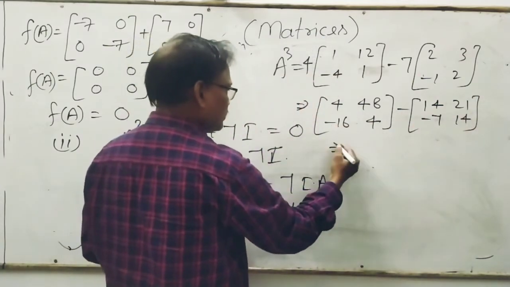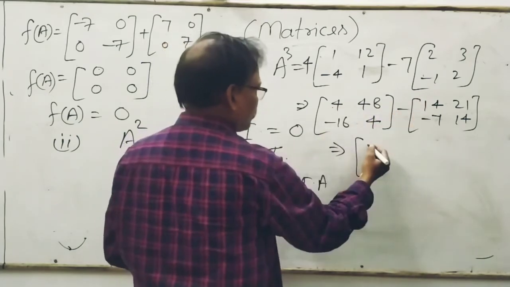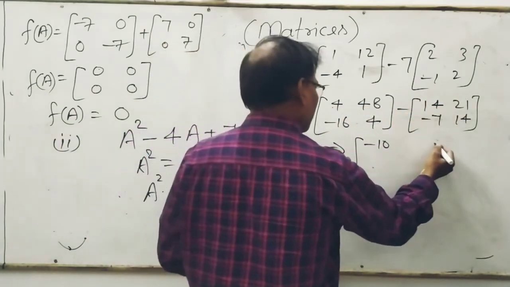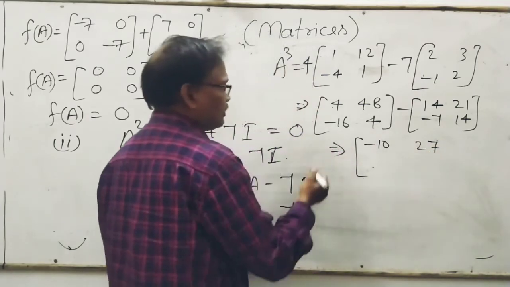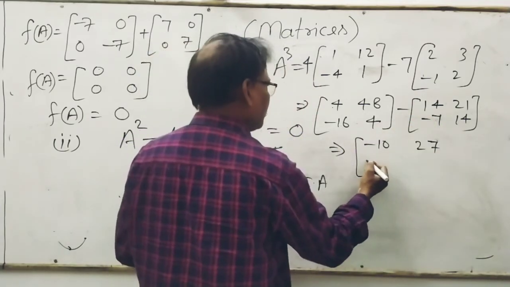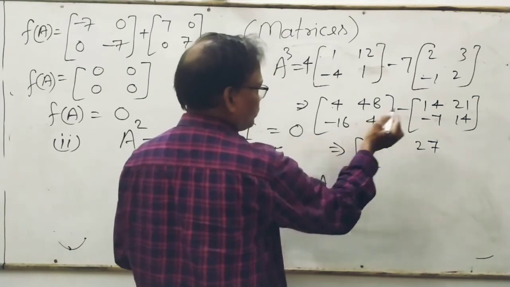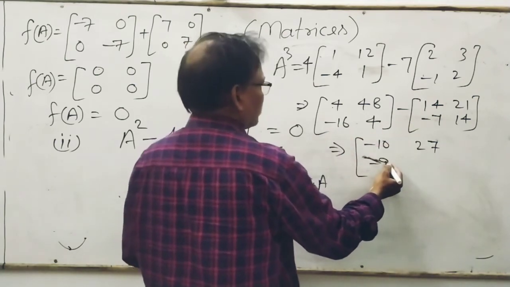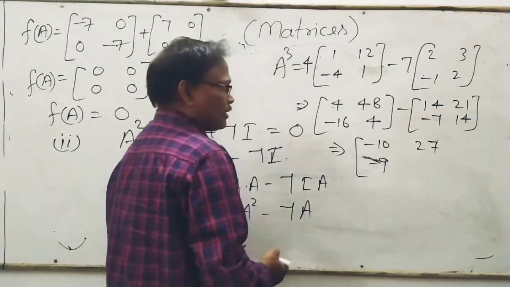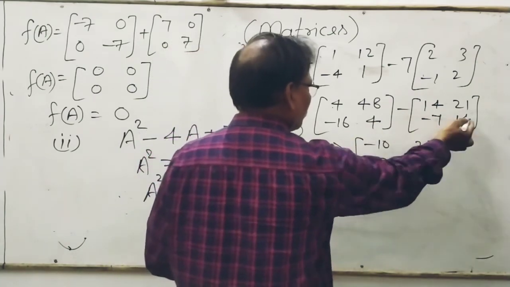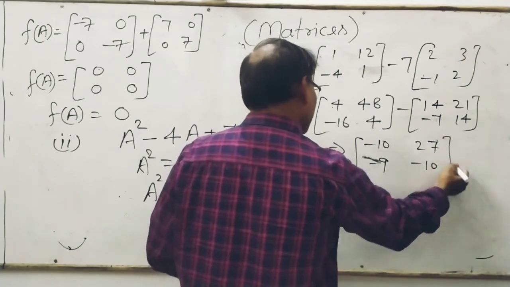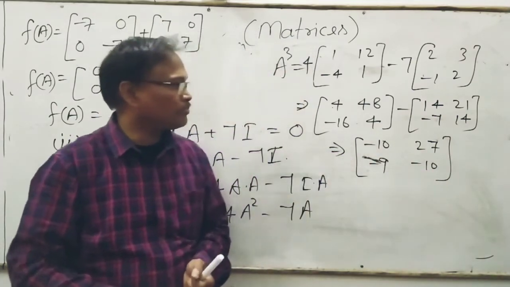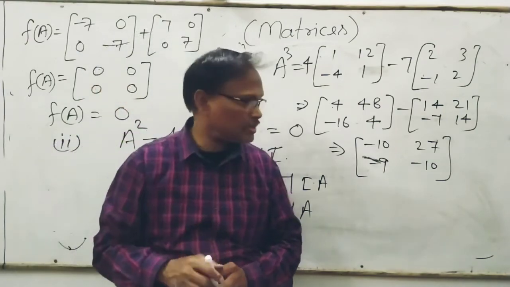So you will get 4 minus 14 minus 10, 48 minus 21, 27, then minus 16 plus 7, minus 9, and 4 minus 14 minus 10. This is the answer. So in this case you will get such type of answer.